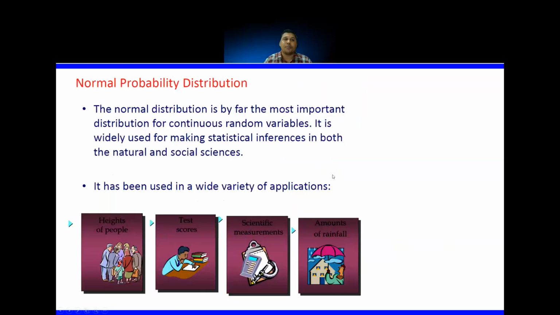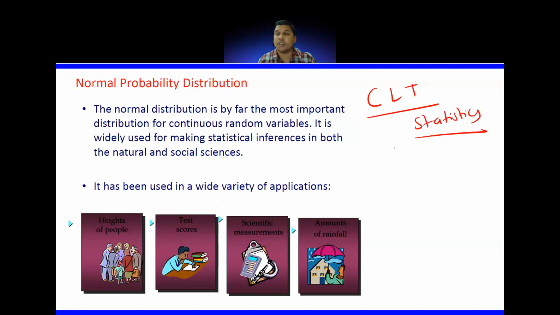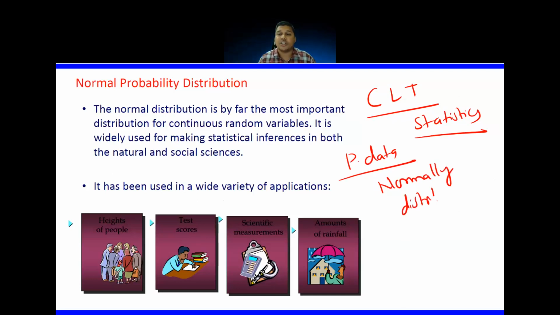Next one, normal probability distribution. Very, very popular one. It is very widely used. Even if you remember, when we talked about the central limit theorem in statistics, a very powerful theorem, here we said: given a population's data which is normally distributed, you draw some random samples S1 to Sn.